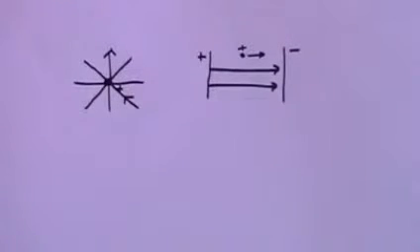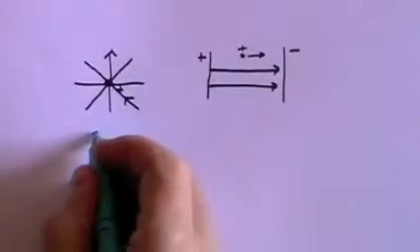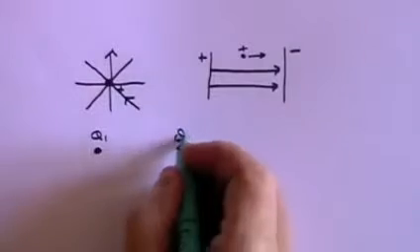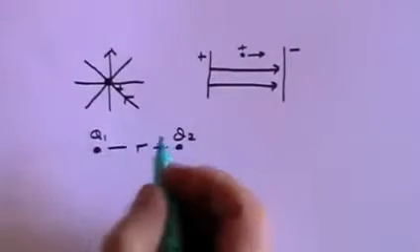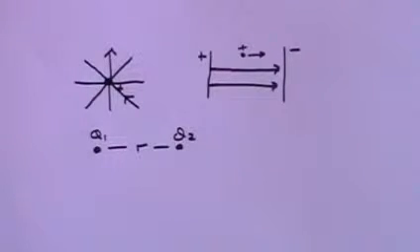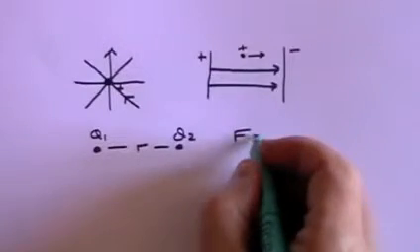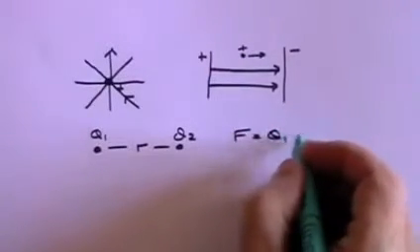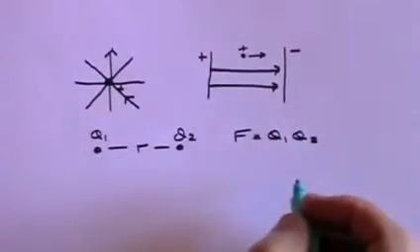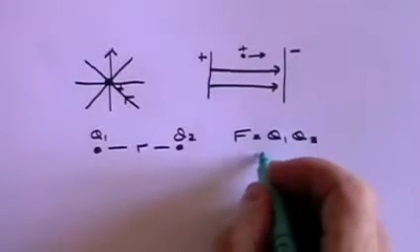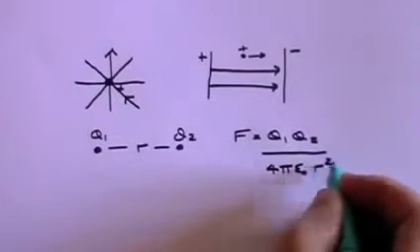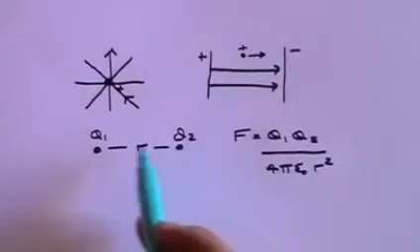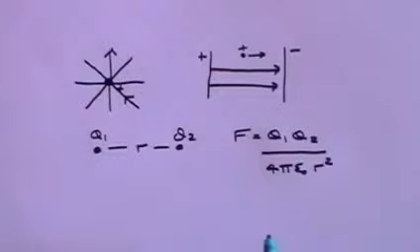If you take two charges, let's call them Q1 and Q2, and they are a distance r apart, then there will be a force acting between those two charges, and that force equals Q1 times Q2, in other words the value of the two charges multiplied together, divided by 4 pi epsilon naught r squared, where r is the distance between the charges.